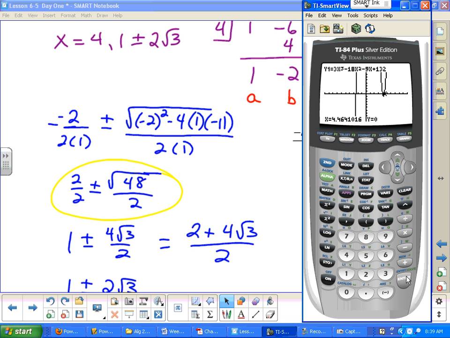Or if we do 1 minus 2 square roots of 3, we get 0. Okay. So you can verify that those answers you got are correct by just going back to your calculator and checking the graph for those numbers by hitting trace and then typing them in.